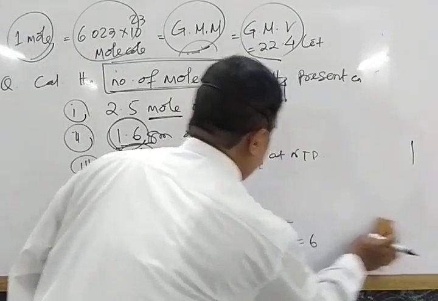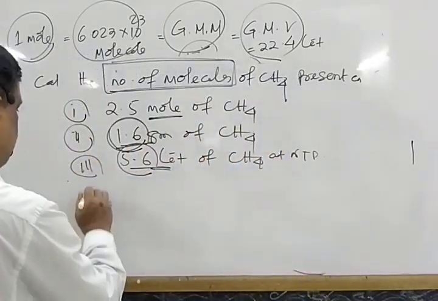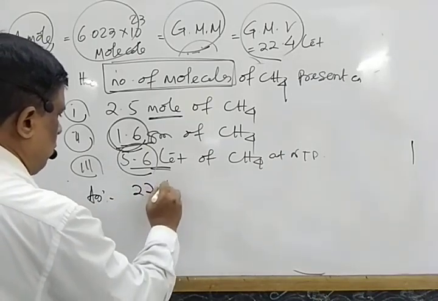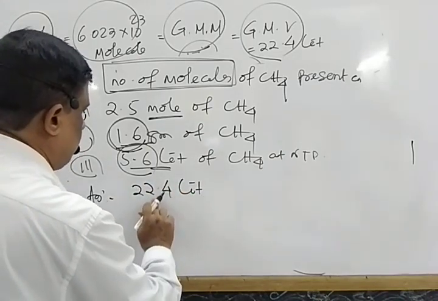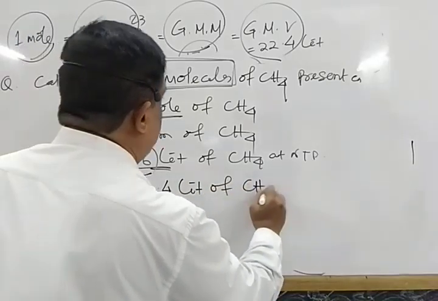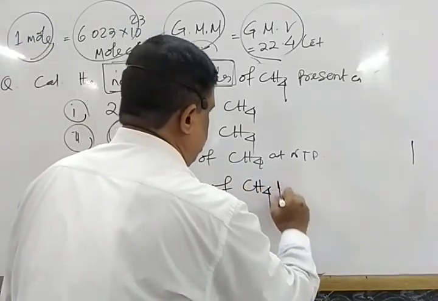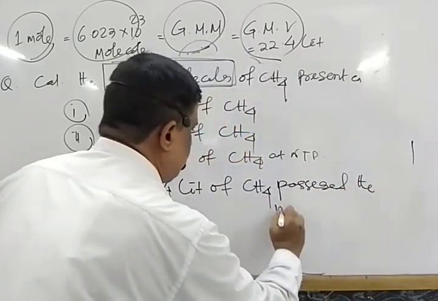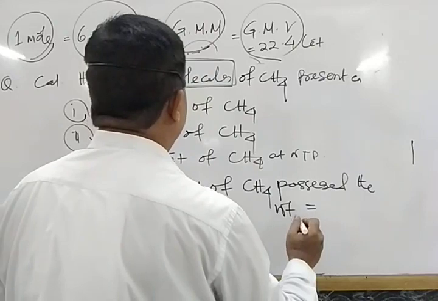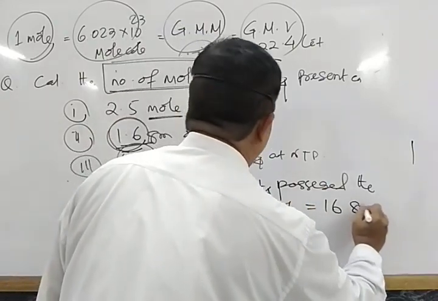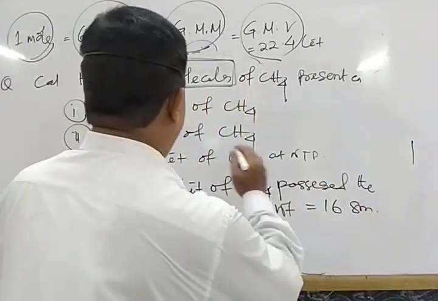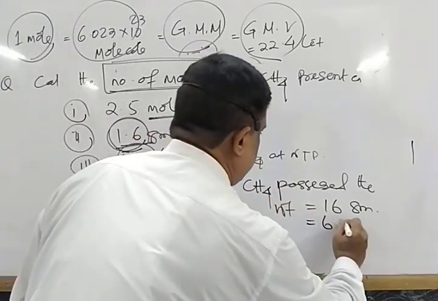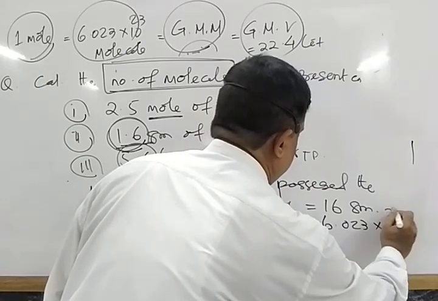Third one, volume. 22.4 liter of CH4 possesses the weight, for CH4, 16 gram, equivalent to the number of molecules, that is 6.023 into 10 to the power 23 molecules.